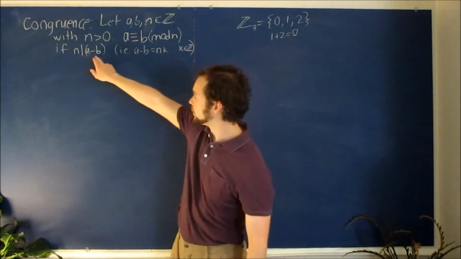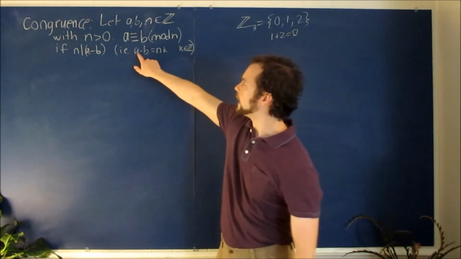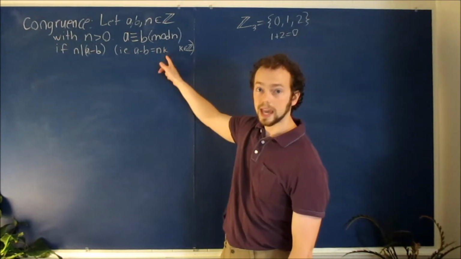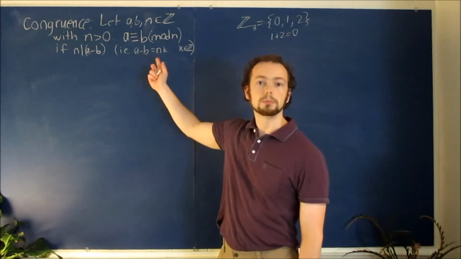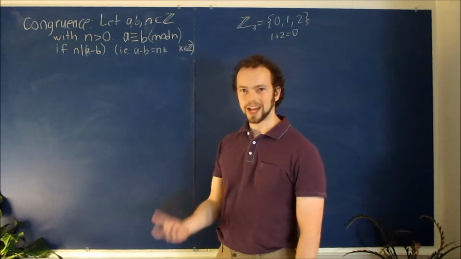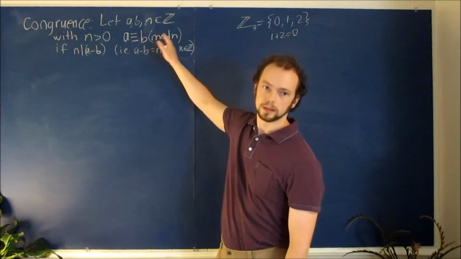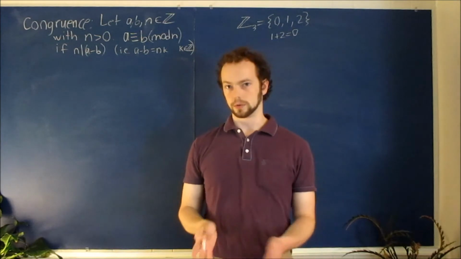Another way you could think of this: a minus b is divisible by n. That means we could write a minus b is equal to n times k, where k is some integer. A minus b is a multiple of n here. If that's the case, we say that a is congruent to b mod n. So this sort of triple equal sign means congruent.